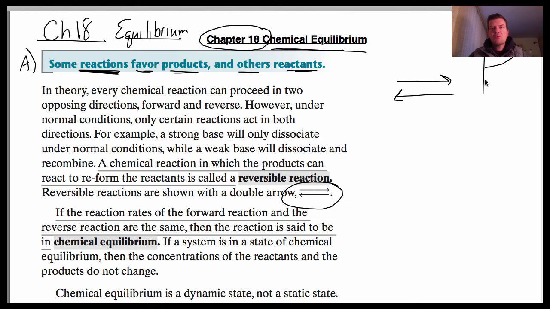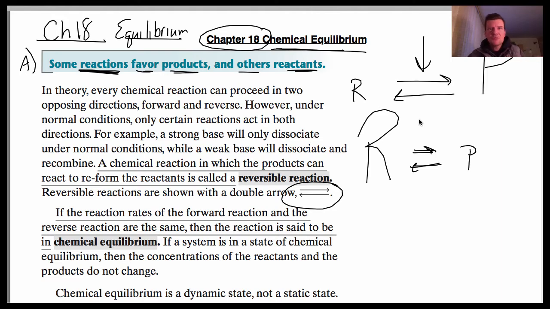So products might be really big, reactants might be very little. You might have very few reactants when you reach equilibrium, or you might have lots of reactants and very few products. So this double arrow can be misleading. It looks like they're both going the same direction with the same emphasis, but that may not be true.